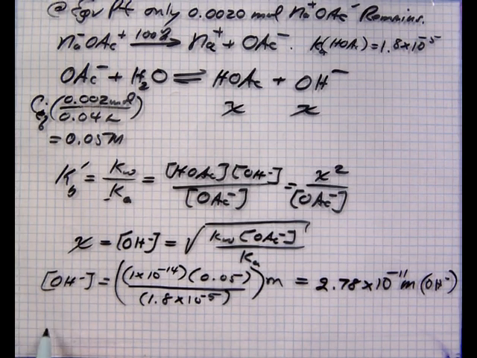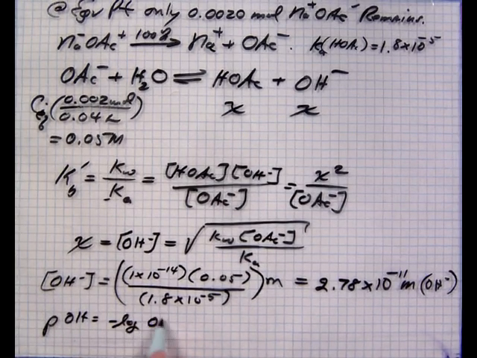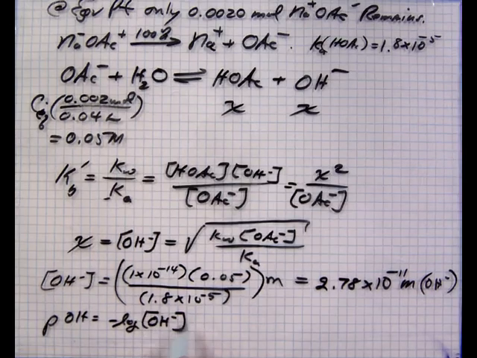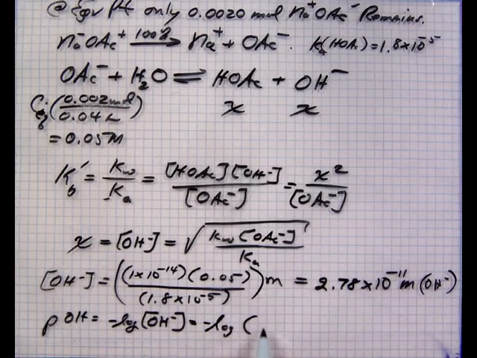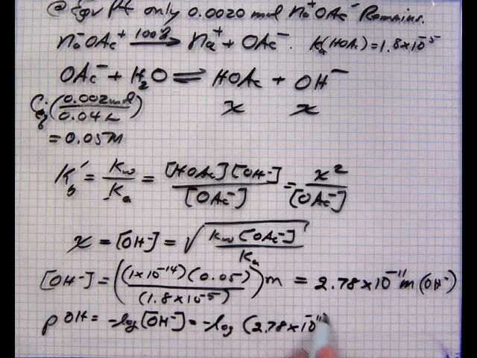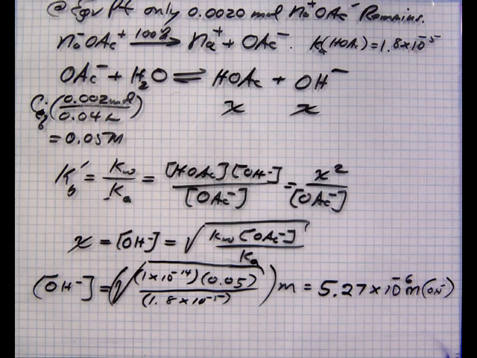And as you know, pOH is equal to the minus log of the hydroxide ion concentration, which is minus log of 2.78 times 10 to the minus 11. I had to rewind. I forgot to take the square root of the expression here.